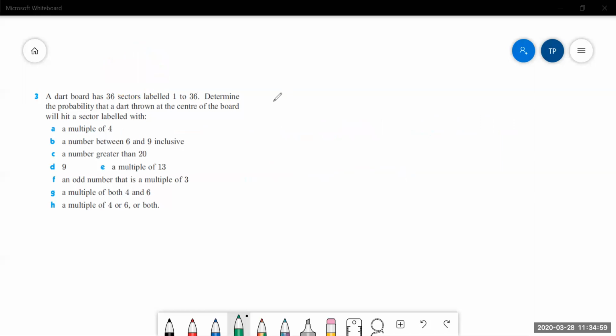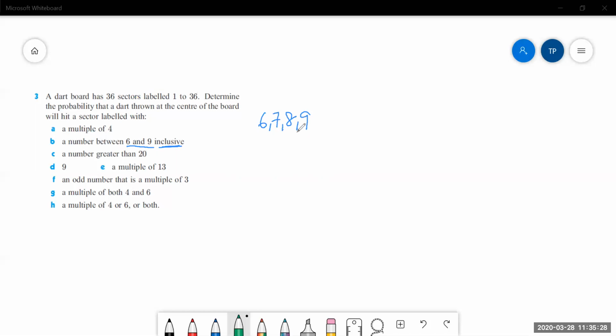Next, a number between 6 and 9 inclusive. So how many numbers are there? It's 6, 7, 8, 9. When they say 6 and 9 inclusive, it means both 6 and 9 are included. Some people see between 6 and 9 inclusive as 9 inclusive only, but it's both sides.